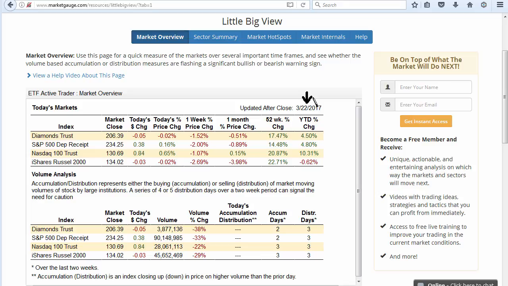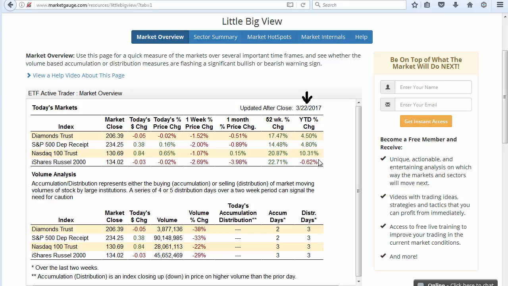This is the line in the sand, as I described it earlier, that we really should be watching. Now, the concept is basically that when you have a market that's up on the year, you want to pay extra attention to sectors or indices that make a new low on the year, and even more important, if it's negative, right?